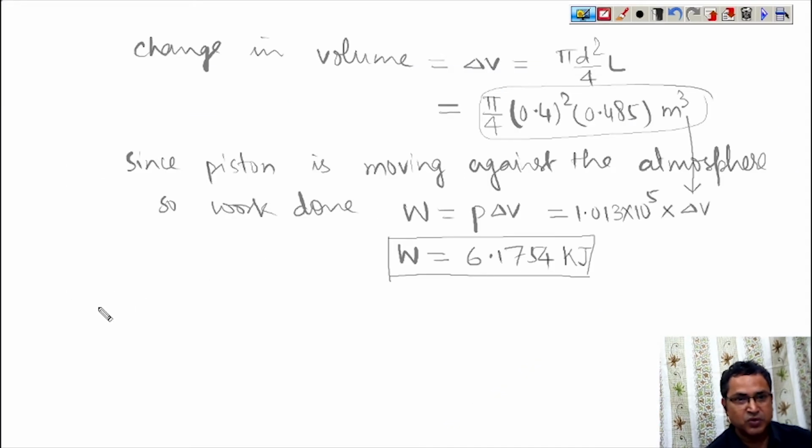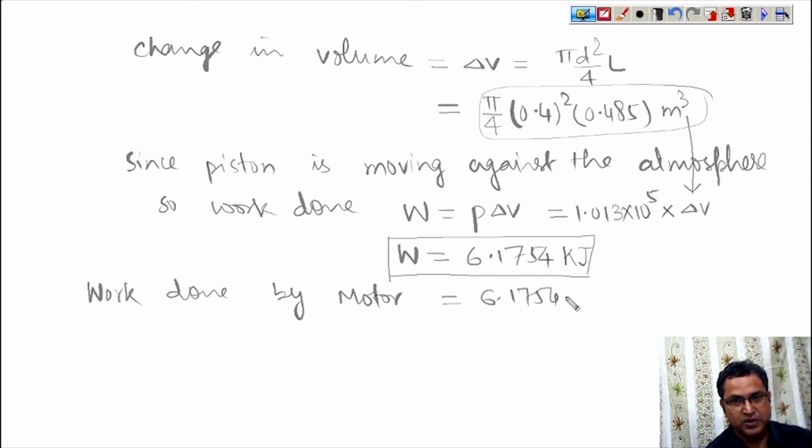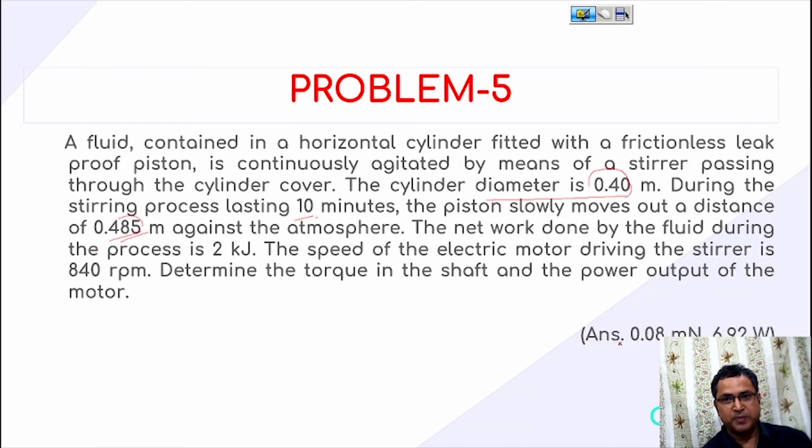Work done by the motor is equal to 6.1754 minus 2, that is 4.1754 kilojoule. This much amount of the work has been done by the motor.